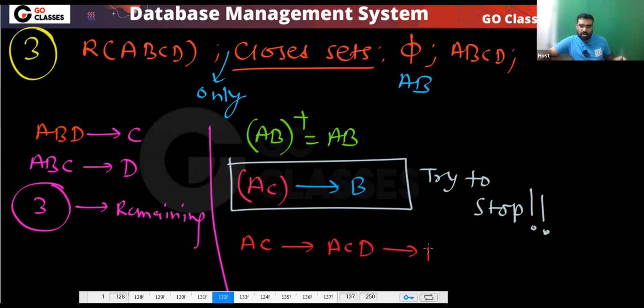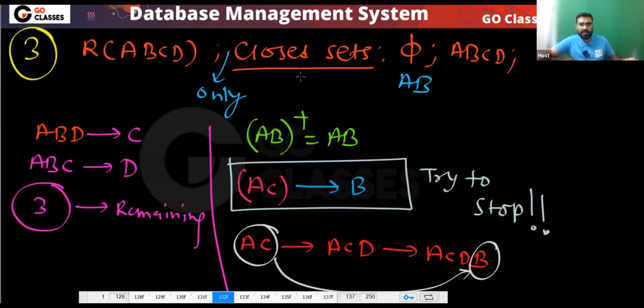This is also not closed, so this will give you something new. So you cannot stop it. Inevitable. Agree? Because once you have three attributes, the fourth will definitely come.